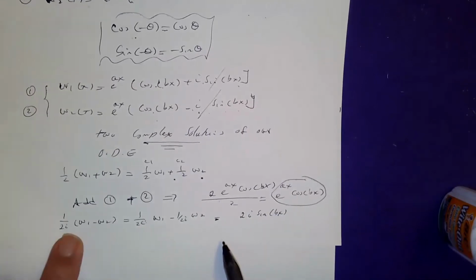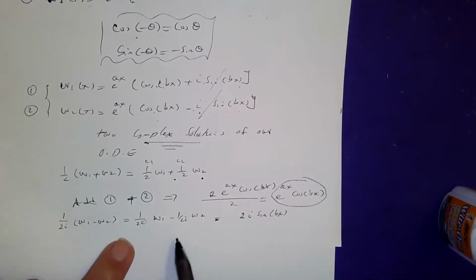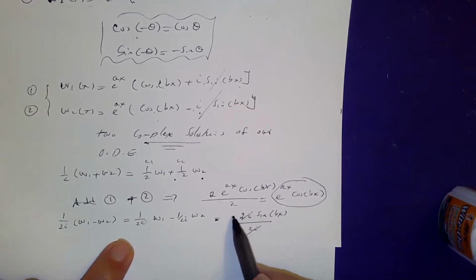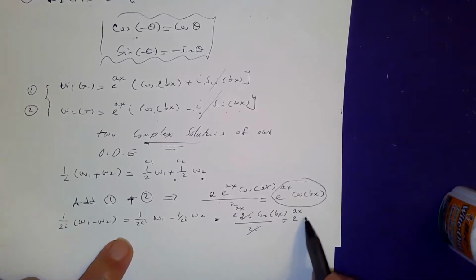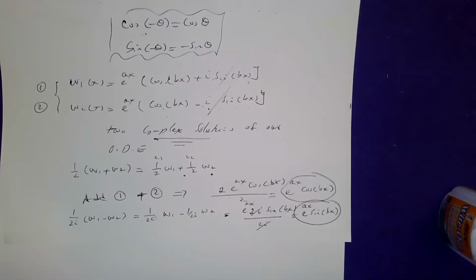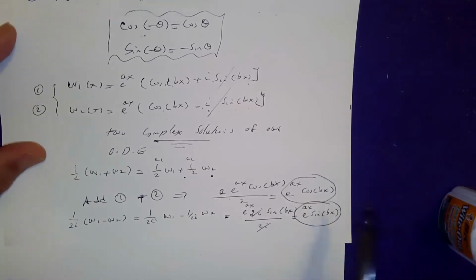And that's why we have the scalar 2i. So these guys would cancel. Don't forget we still have e to the ax. So lo and behold, the second fundamental solution is e to the ax sine of bx. And these are as real as they get. There is absolutely no evidence of I.